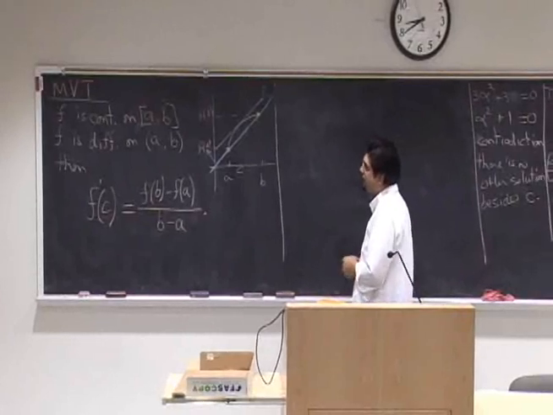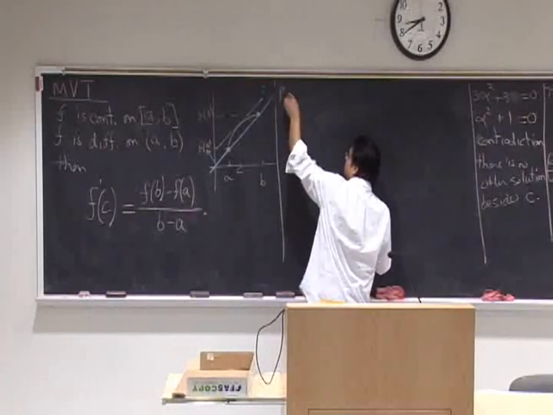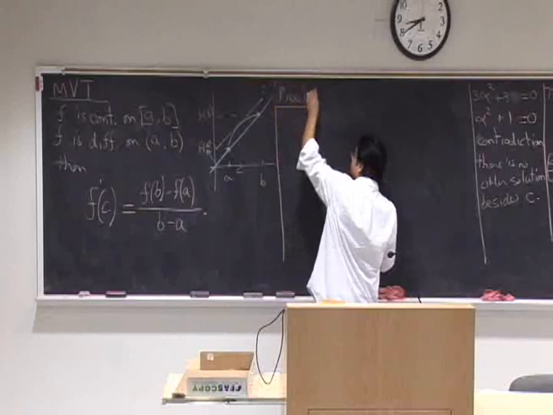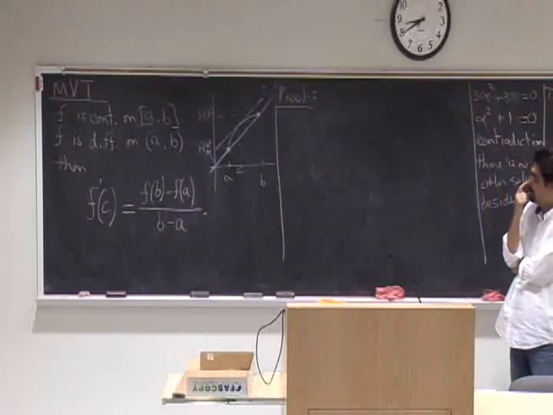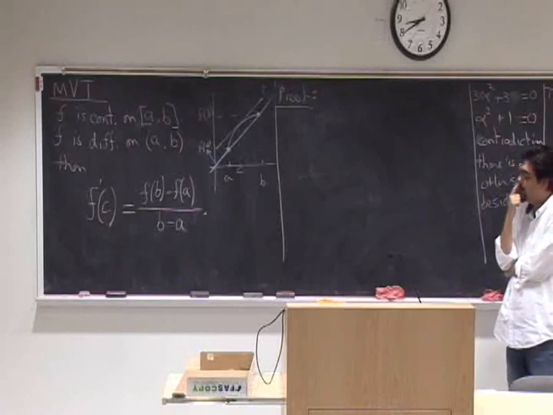Now, we'll talk about the proof of the mean value theorem just a little bit, and you can fill in the details at home for homework. But here's the idea.